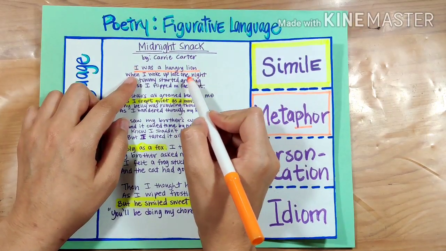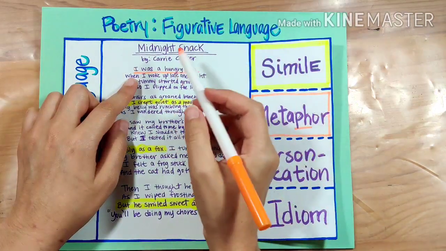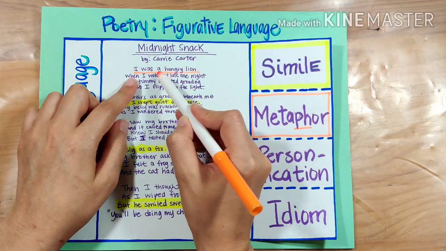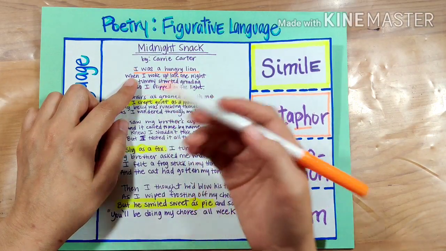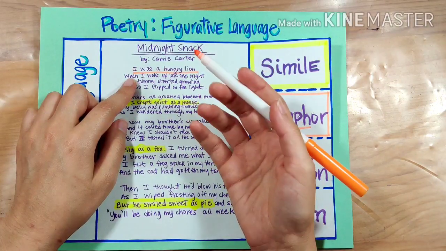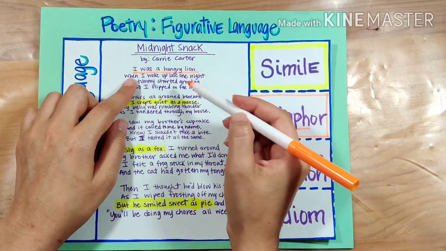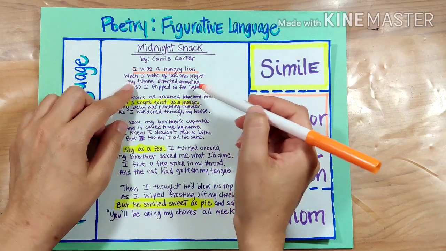Okay, that would be a simile, because I would use as or like to compare my hunger to a lion. This is saying I am. Okay, I am a hungry lion. So we can picture a hungry lion out on the prowl hunting, and this is exactly what the narrator in the poem is doing. Okay, she was hunting for something to eat.